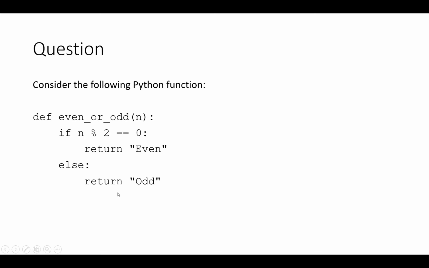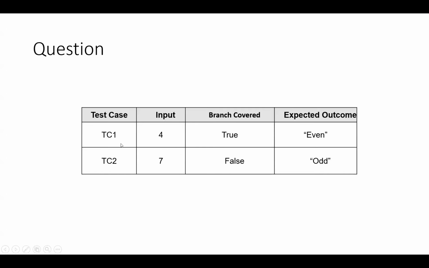Else, this is the false branch, right? So what you're going to do is put input values to test both branches. So any number that gives you a mod of 2 equal to 0, you use. For example, I use 4. So in this first test case, you put an input value of 4. You're going to cover the true branch.